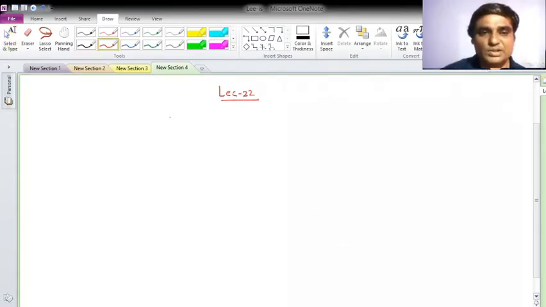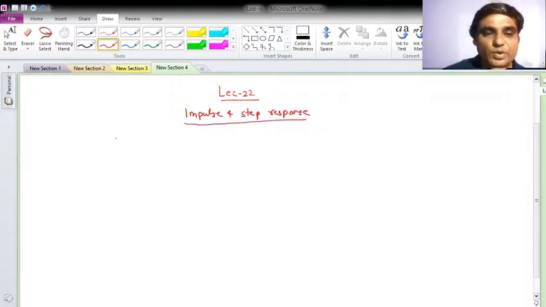Okay, now next we will see the impulse and step response, how to find the step and impulse response of a particular circuit. So what is impulse response? Basically, impulse response is the output of the circuit or network when the input is the impulse function, given as delta of t, and the output is y of t, or the standard variable people use is h of t.